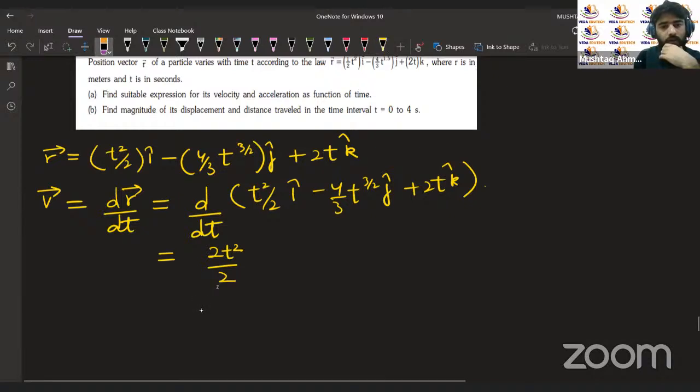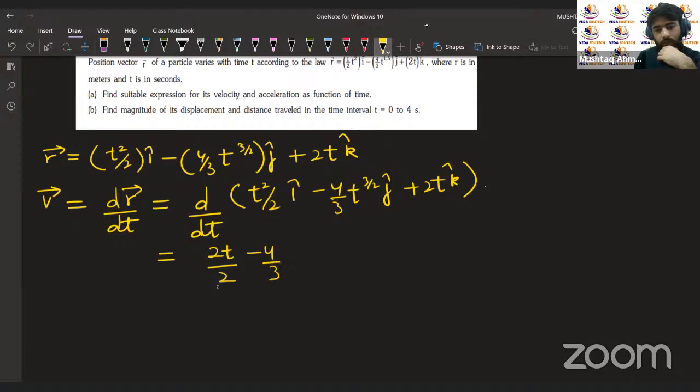Then minus 4/3, and the derivative of t^(3/2) will be 3/2 t^(1/2). We'll have î here.